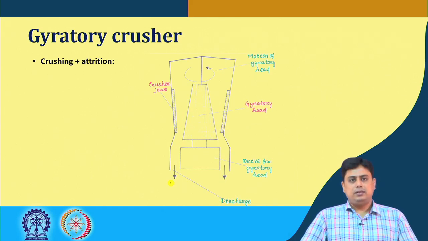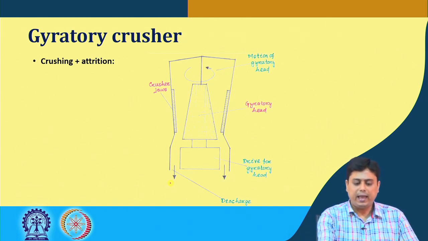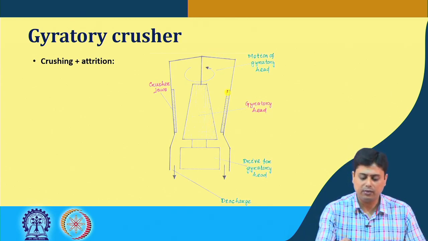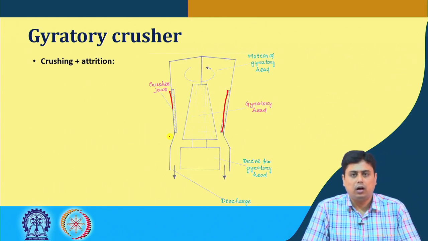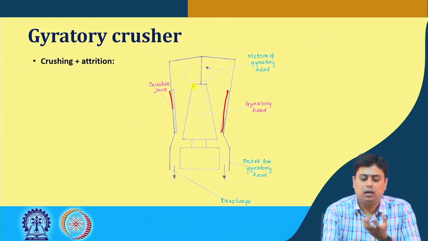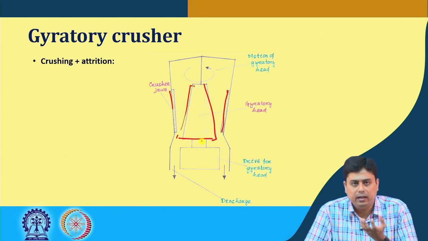The second one is the gyratory crusher. Here we have a closed chamber where the surfaces are the static crushing jaws, a static chamber, and this kind of shape of a head is there, which rotates inside the static chamber.